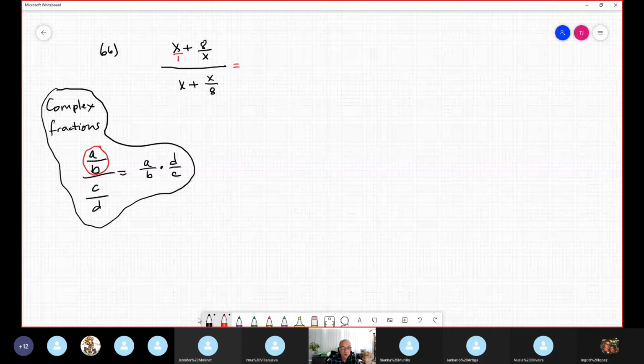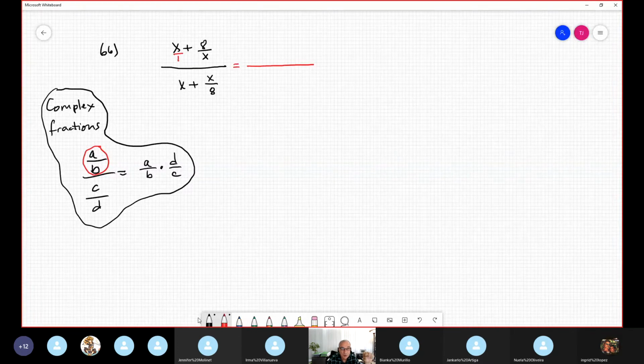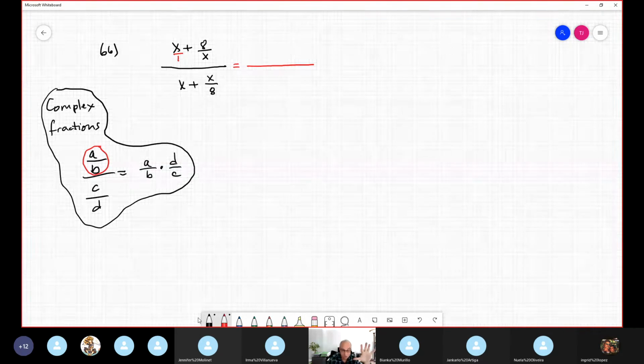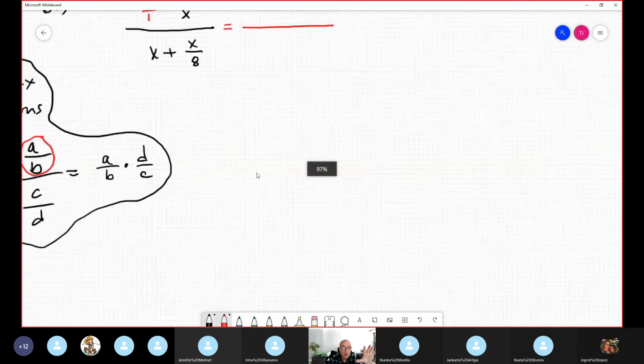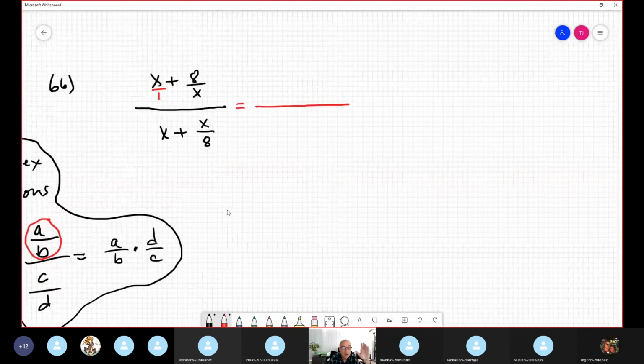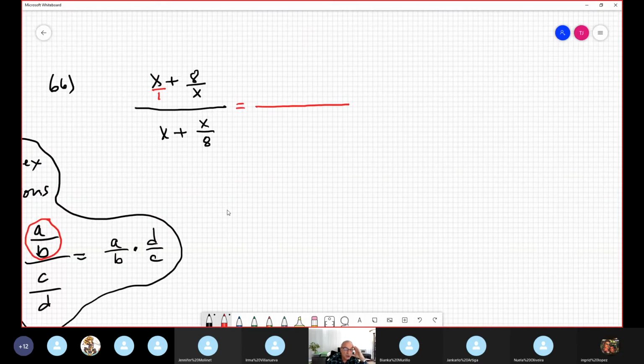So the first thing you should do is focus 100% on the expression in the top here and try to condense it into only one fraction.